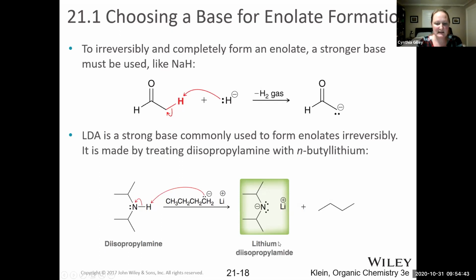One of the great things about LDA is the fact that the nitrogen atom, while very strongly basic with a full negative charge, also contains these bulky isopropyl groups. This is going to make this nitrogen atom non-nucleophilic, and it will only function as a base and not as a nucleophile, which might lead to undesired side reactions.